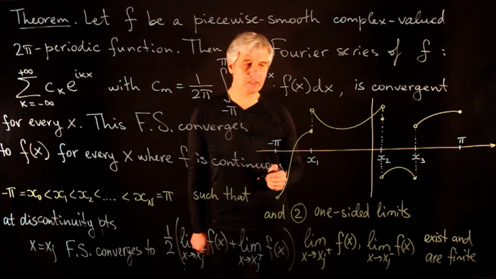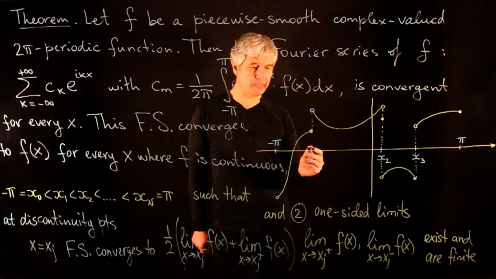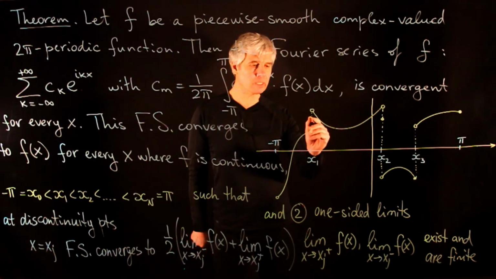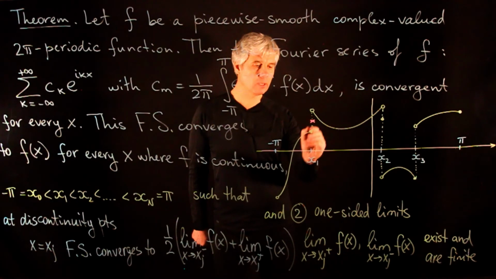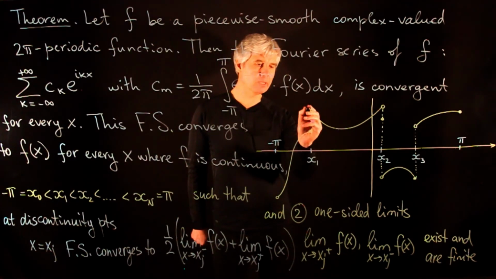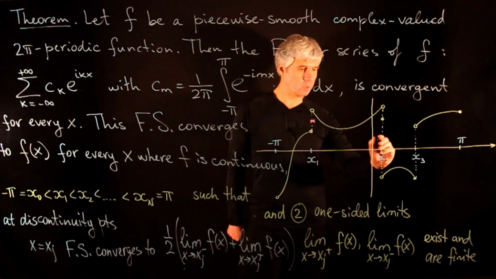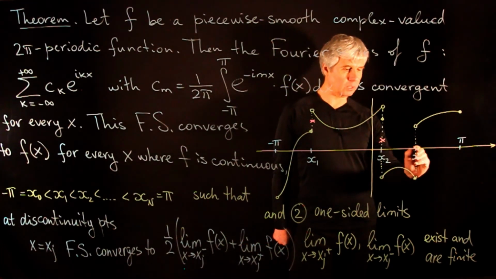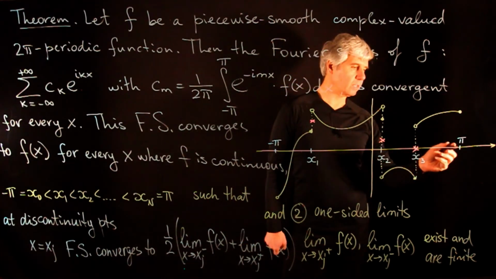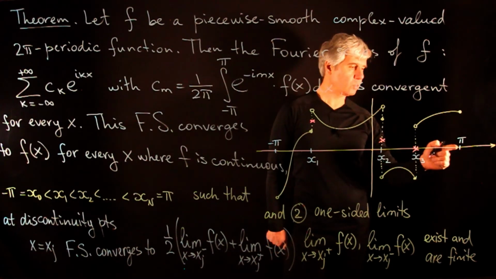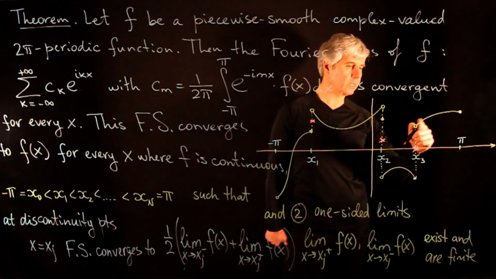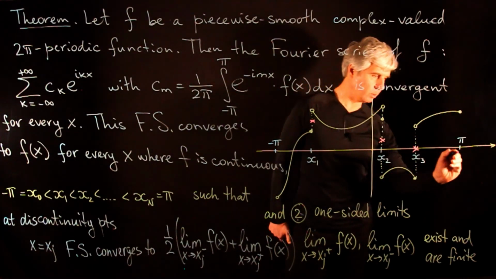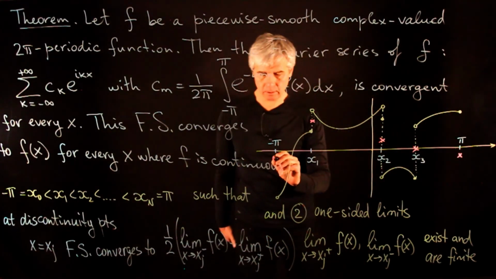So the Fourier series does not care how we define the value of the function at discontinuity points, and it always converges to the midpoint between the left-sided limit and the right-sided limit. So here it will converge to this point, and here it will converge to this point. And at pi, it will converge to the midpoint between the one-sided limit at pi and at minus pi. So it will be this point here.